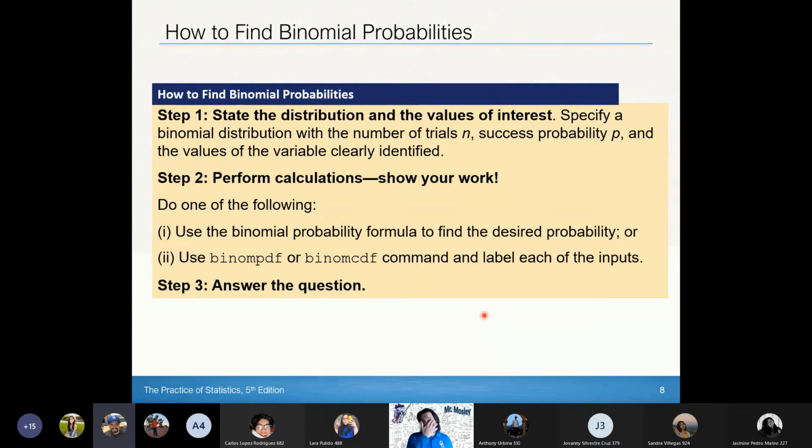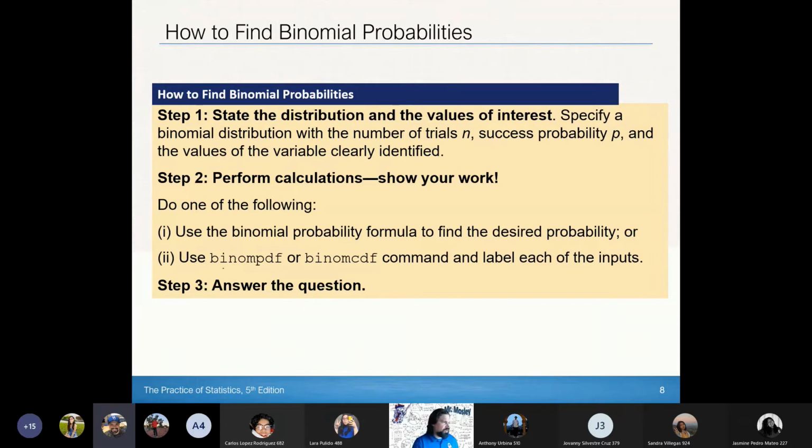So if you need 2 or fewer successes, or less than 3 or something like that, you'll use binomCDF. Each of these is slightly unique. I'll show you these on the calculator in just a second.